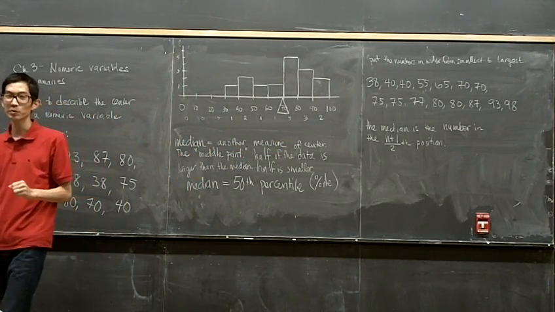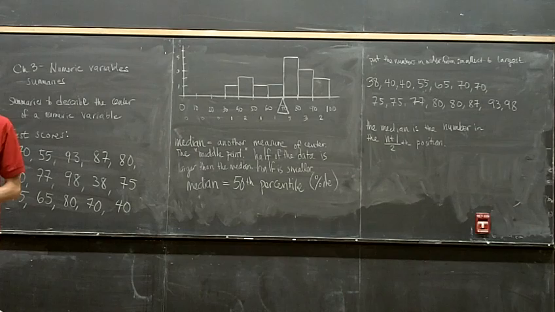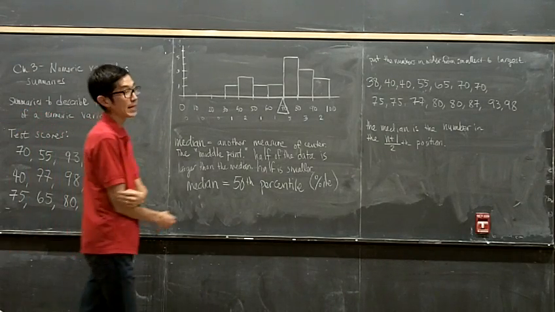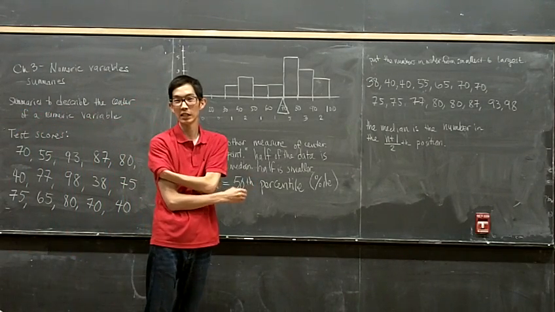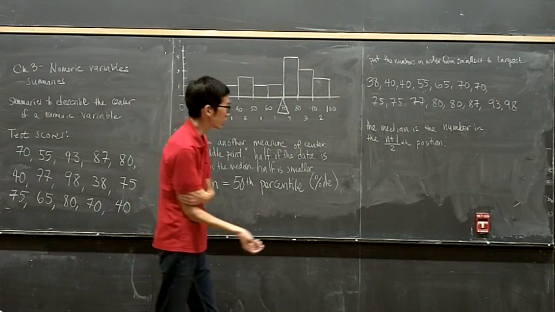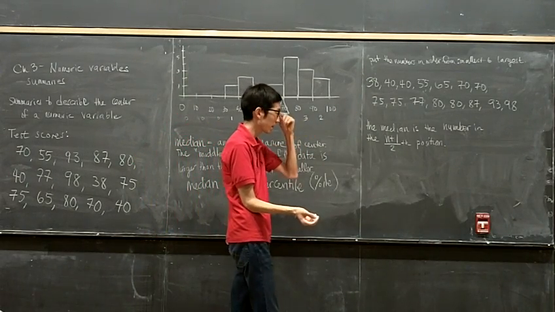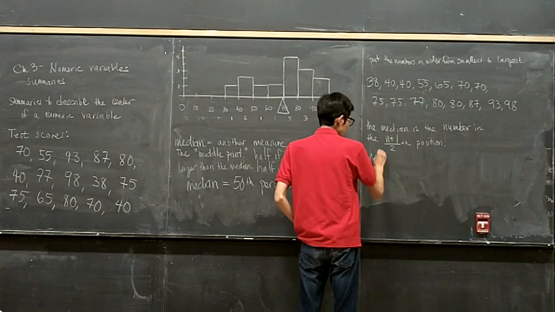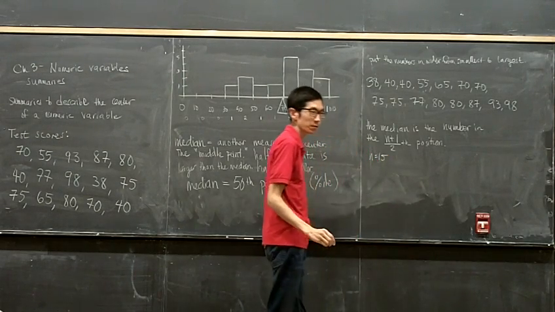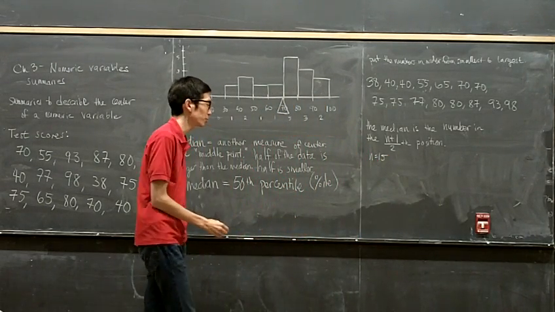It's the number in the n plus 1 over 2th position. So what does that even mean? Alright, what is n? You guys remember what n is? The number of numbers, right? So what is my n here? 15. Okay, so here I've got n is equal to 15, the number of numbers.